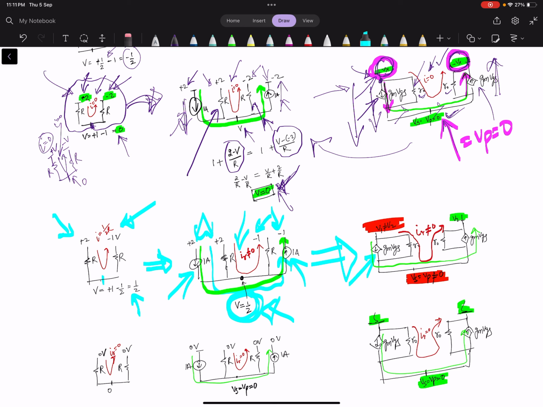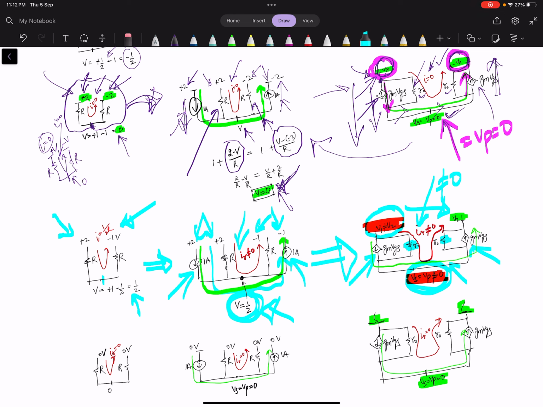So if you make the visualization like this, this is the current source and this is the current source, this is the resistance, this is the resistance, and the potential V1 is not equal to V2. Then you will see there is some potential at this node, because IR, the current through the resistance, is not equal to 0.